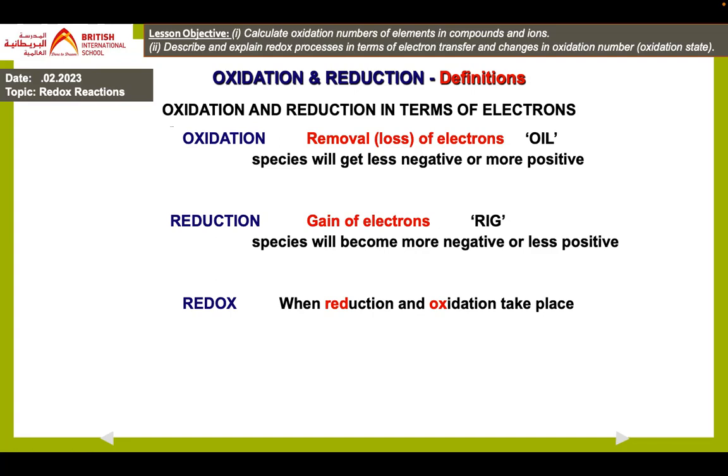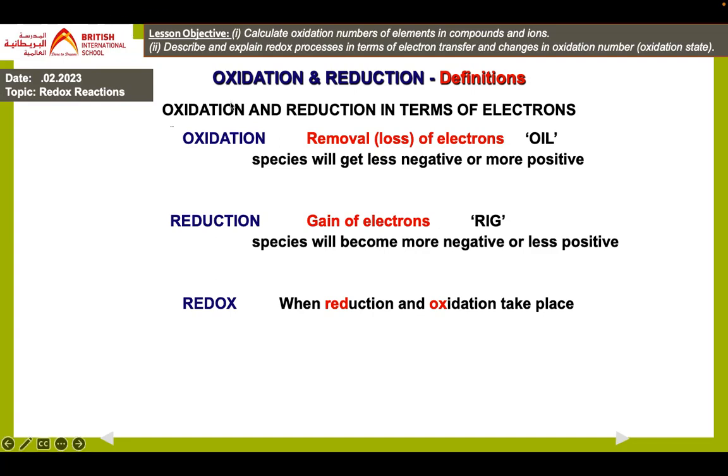Then how can you check if there is oxidation or reduction? For example, sodium is reacting with chlorine gas to give you NaCl, with no oxygen or hydrogen involved. So how can you check if there is oxidation and reduction? That's why we have more definitions.